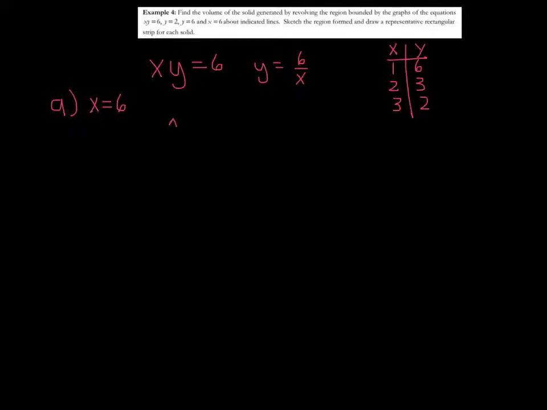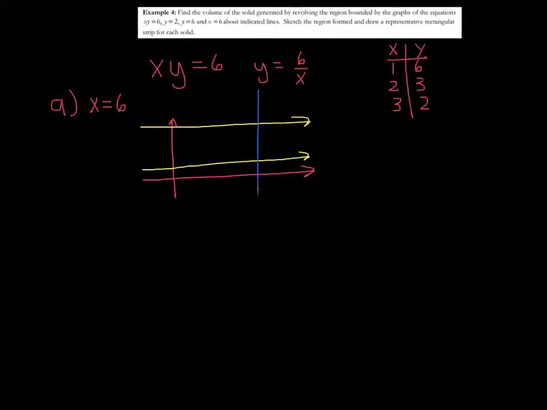And first, let's put the lines that we do know. Y equals 2, so that's going to be there. And y equals 6, that's going to be there. And x equals 6, that's going to be there. And once again, maybe we'll put 1, 2, 3, 4, 5.